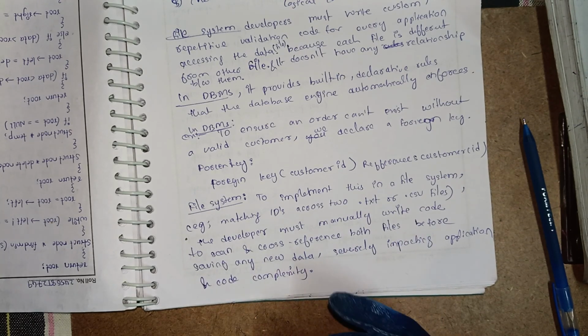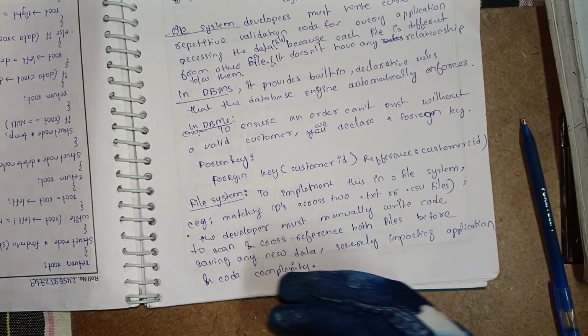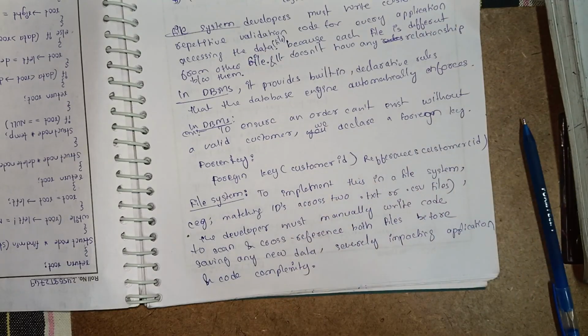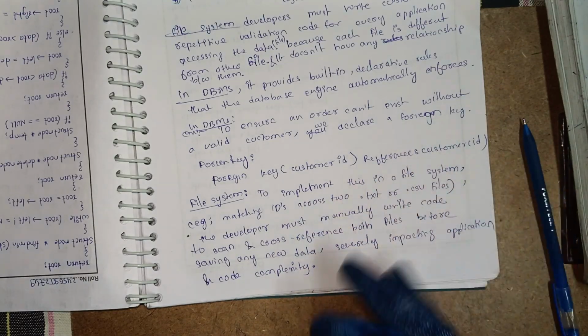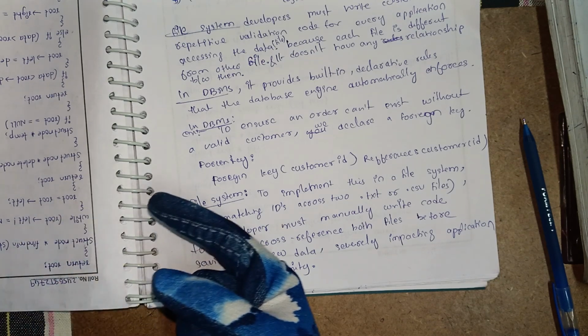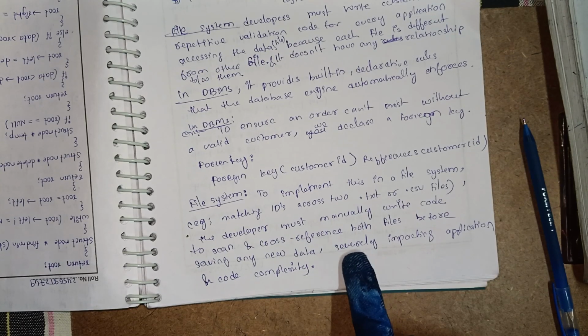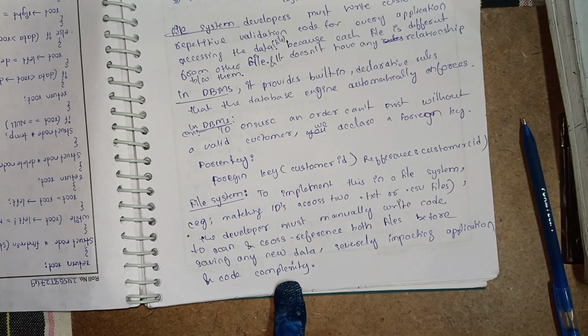He has to write a program to scan and cross reference both files, to check if the ID which he or she is entering is already present and is matching with the first file or not, severely impacting application and code complexity.